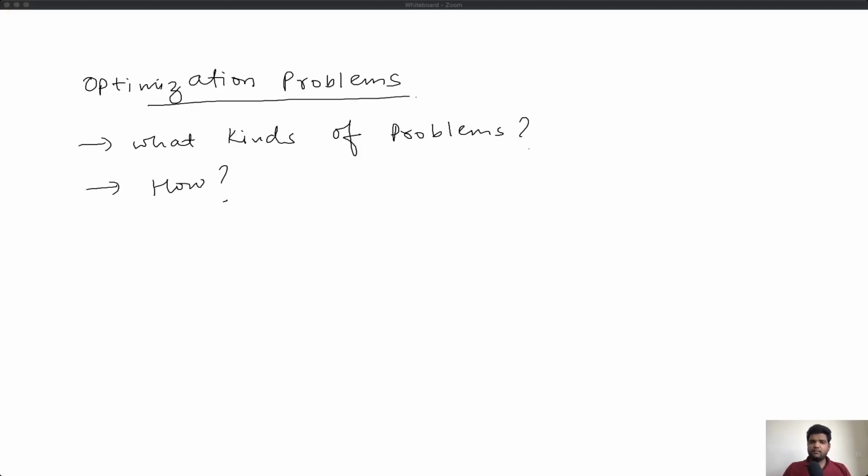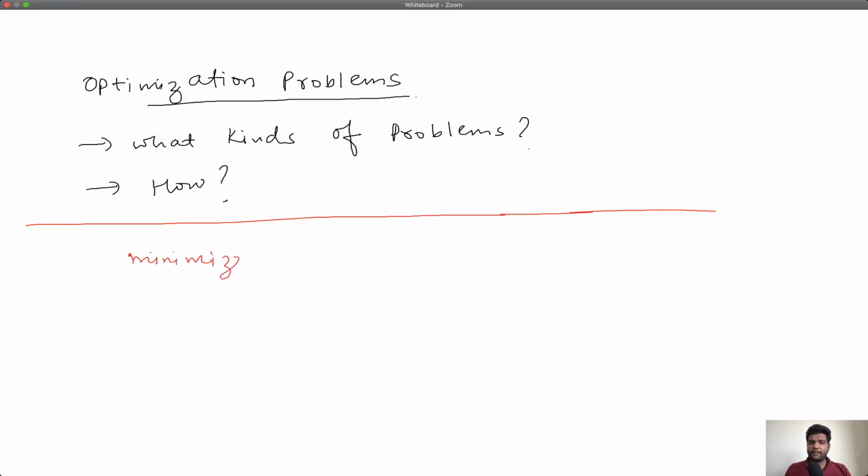Before that, let's just try and recollect what do we actually mean by an optimization problem. Generally an optimization problem is a problem wherein you are expected to optimize some variable. So optimize as in minimize or maximize some quantity under certain constraints.